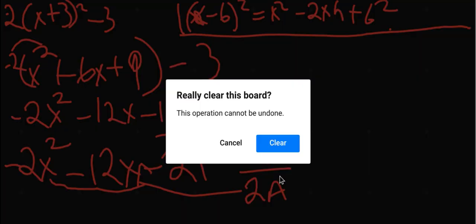Clear board, and let's do another example to round off this video. Okay, and we're going to go back to our second example in the beginning, which is 2 parentheses x minus 3 squared plus 3. Again, this is the same thing, just different signs for every single one of them.